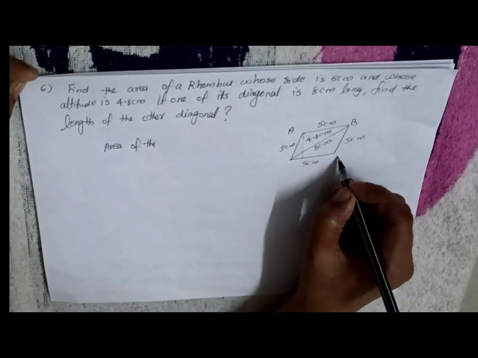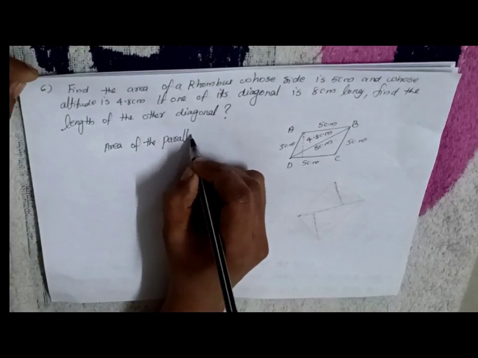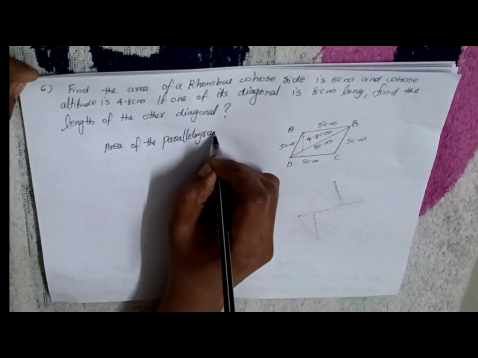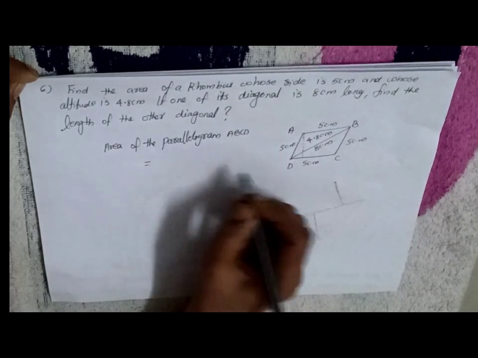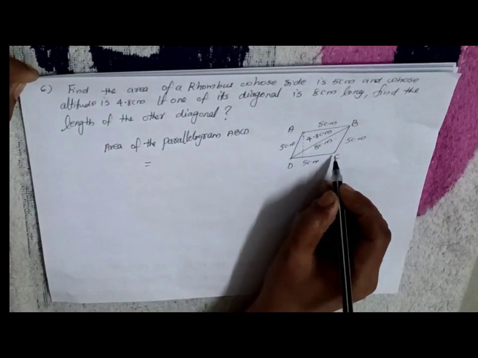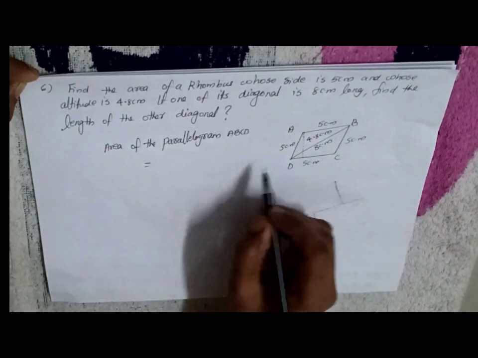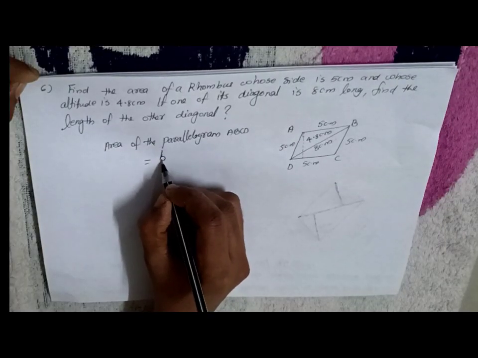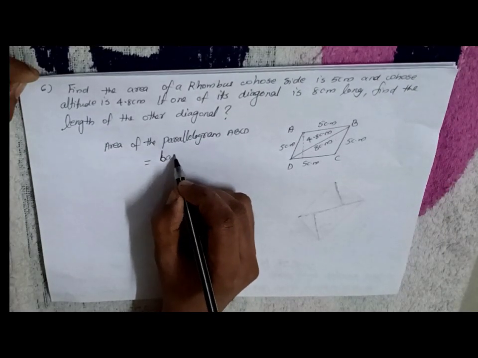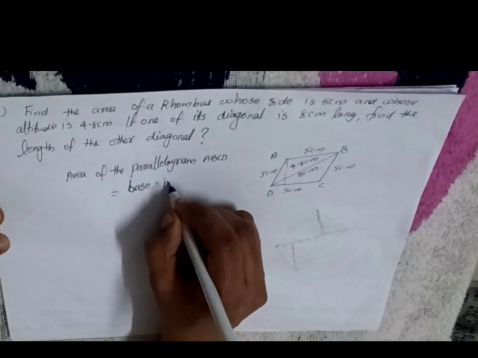Therefore, here we have to find out the area of the parallelogram ABCD, that is equal to base into height. Here, in the rhombus all sides are 5 centimeter. That is, in the case of a parallelogram, the base is 5 centimeter. Area of the parallelogram ABCD equal to base into height.